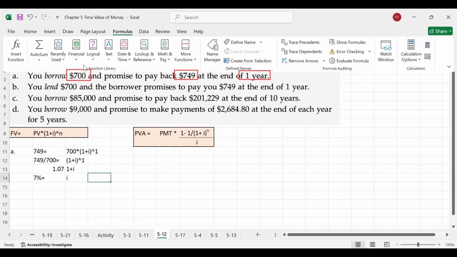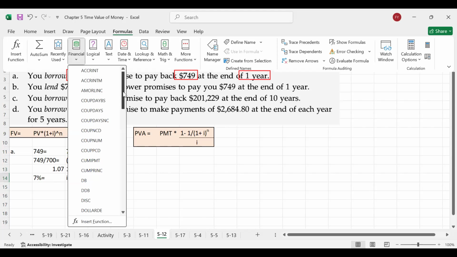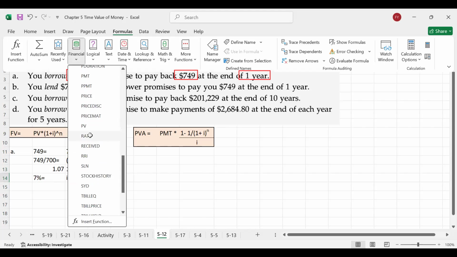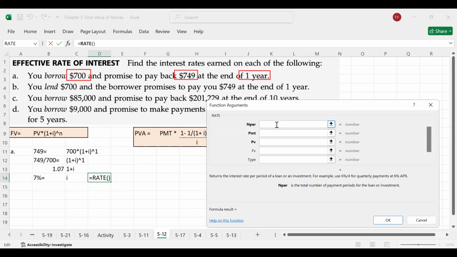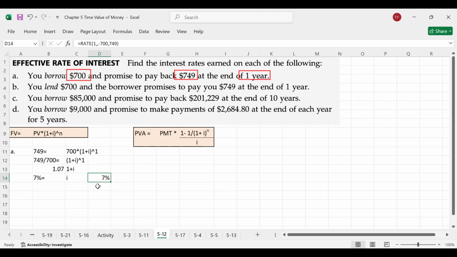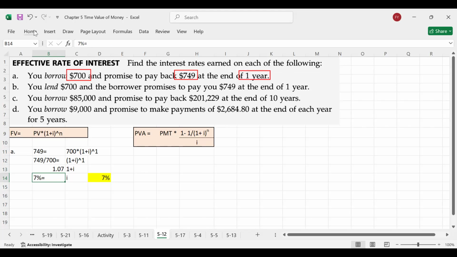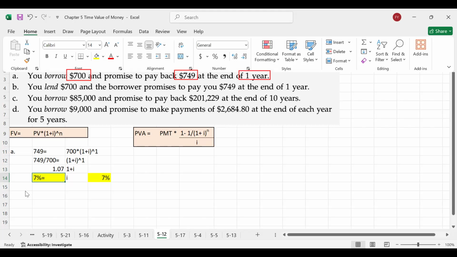Here we have financials and we are going to find the rate. So this is the interest rate. Time period is just one. Present value is minus 700 and future value is 749. So it is 7%. You can see the same answer, the interest rate is the same both ways.